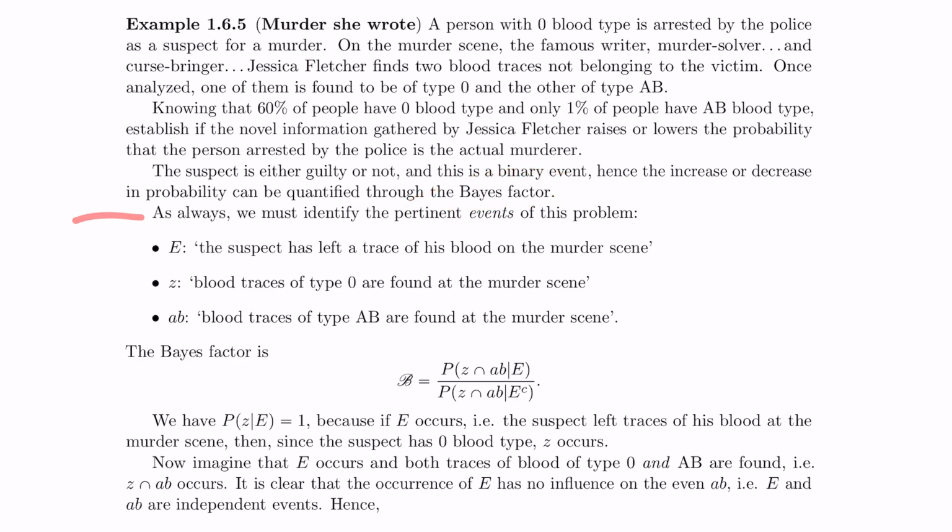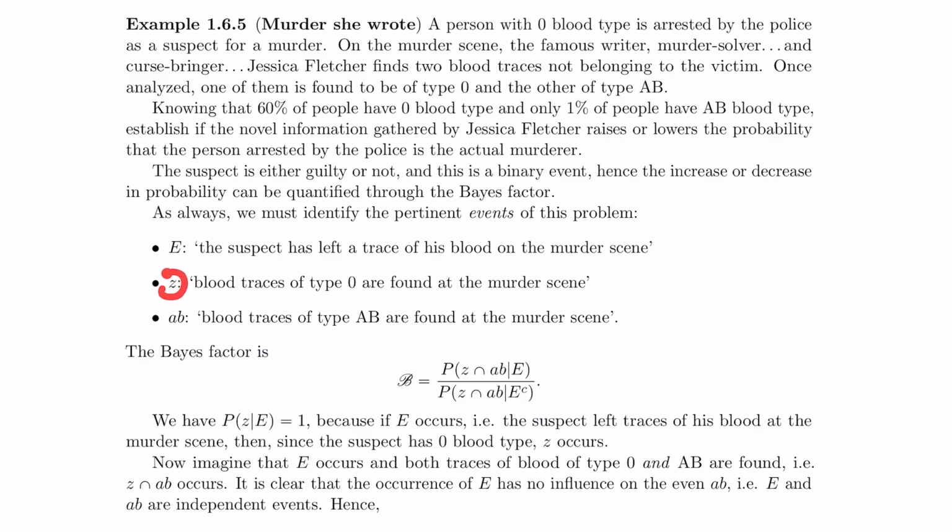As we have seen in the previous examples, the most important thing to do is to establish the pertinent events for the problem. Let's start with the event E, that is, the suspect has left a trace of his blood on the murder scene.